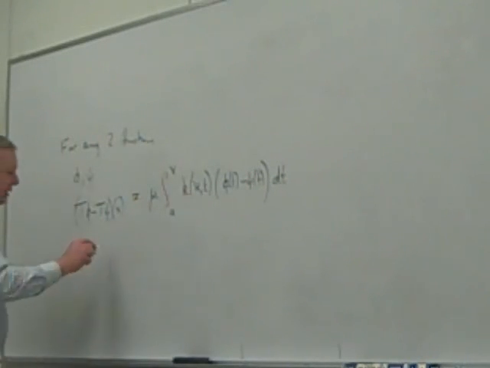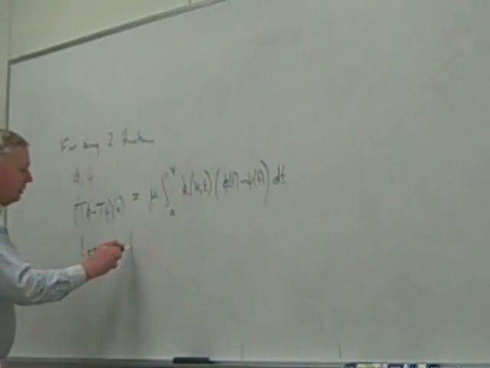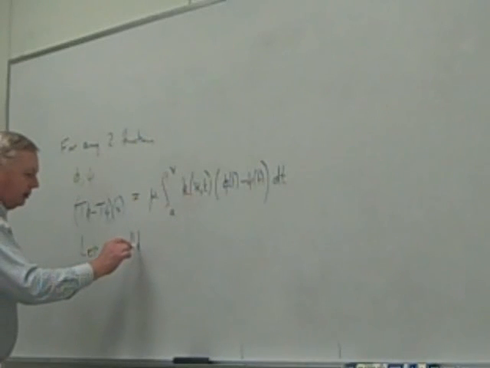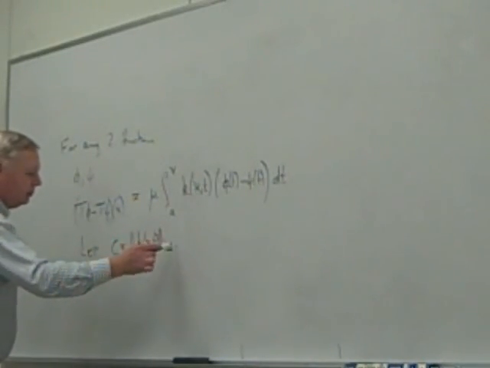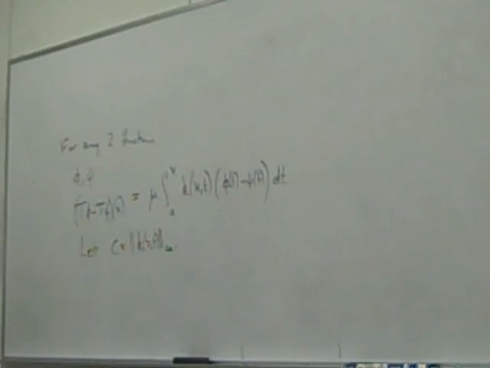So let's write C to be the infinity norm of k of x,t.